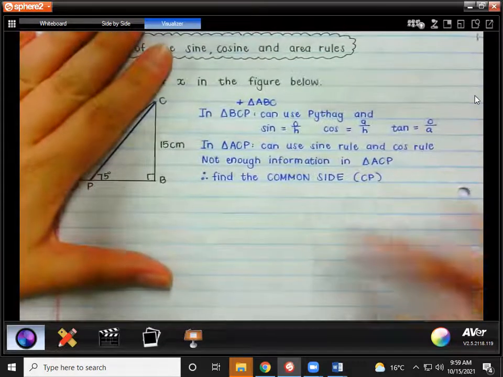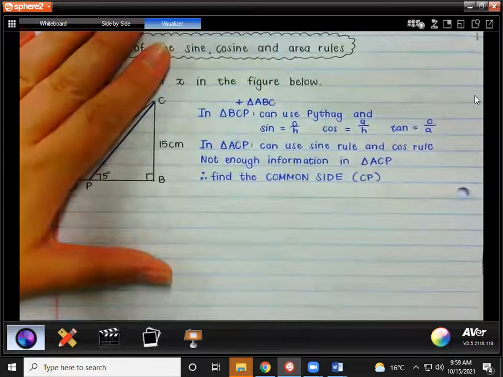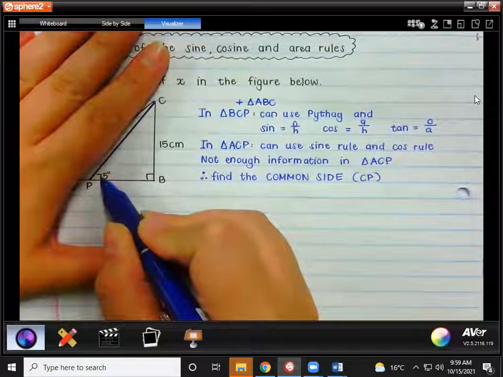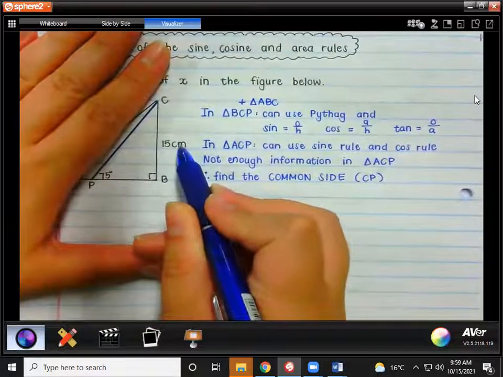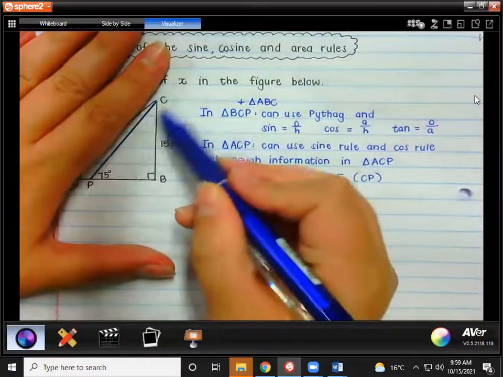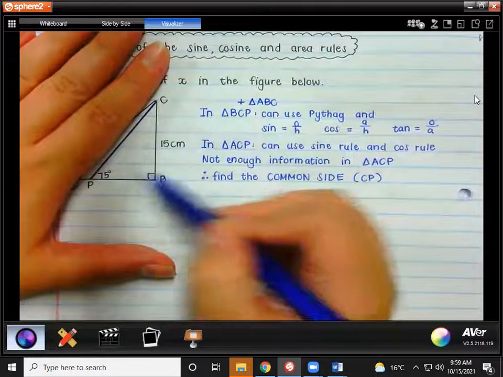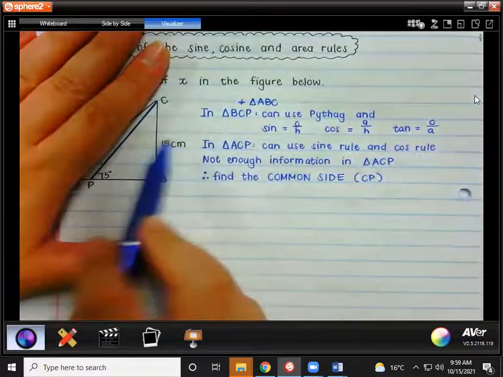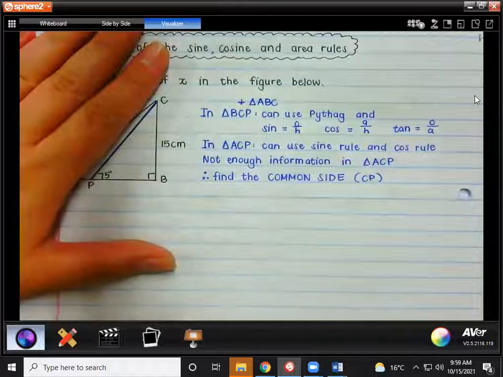Now if we're looking at this right angle triangle, I have this 75-degree angle, and I have the opposite side, 15. What is CP? What side is it in this triangle? It's the hypotenuse. Which trig ratio works with opposite and hypotenuse? Sine.